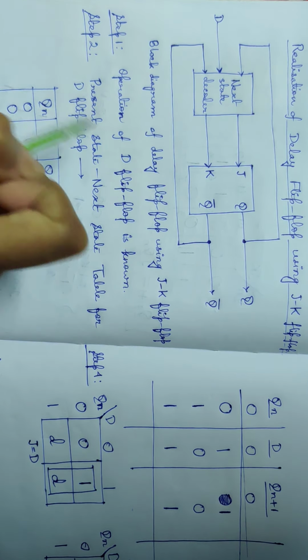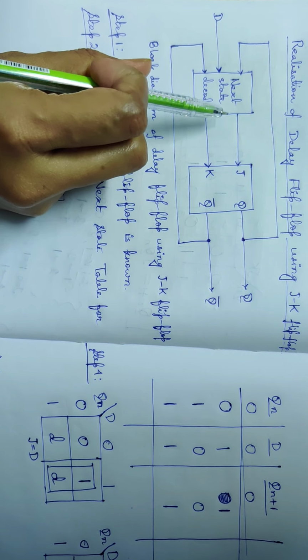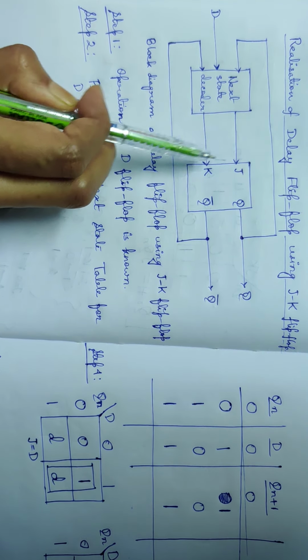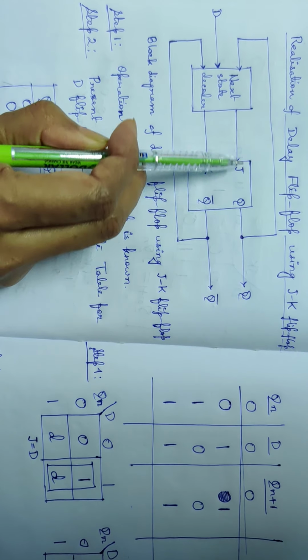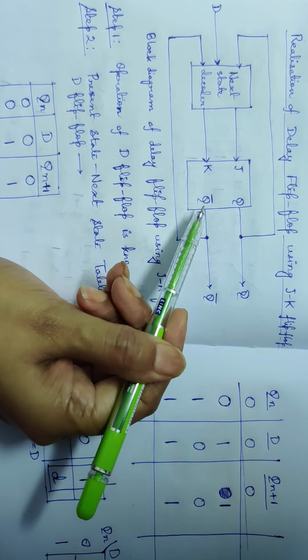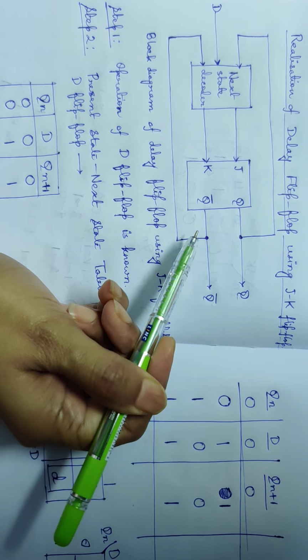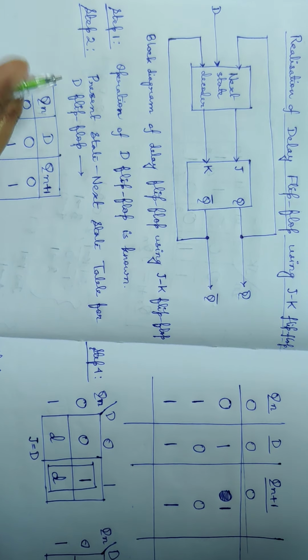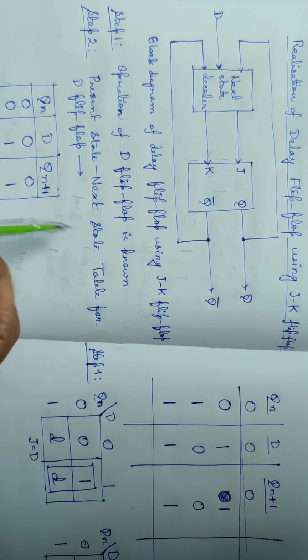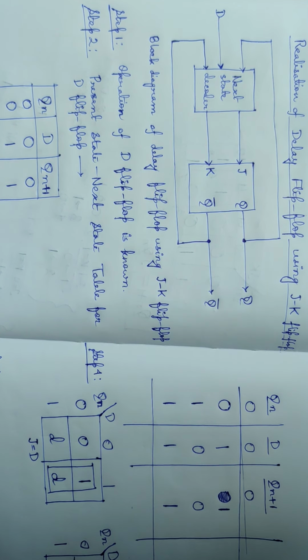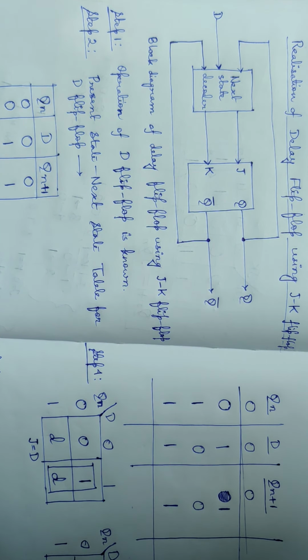The output of the combinational circuit or the next state decoder will be fed as the J and K inputs of the JK flip-flop. The Q and Q bar will be fed back to the input side of the next state decoder. This is the basic block diagram of a delay flip-flop using a JK flip-flop.